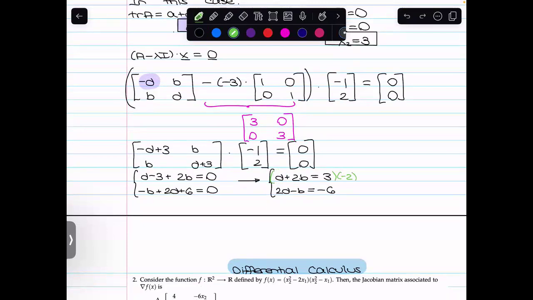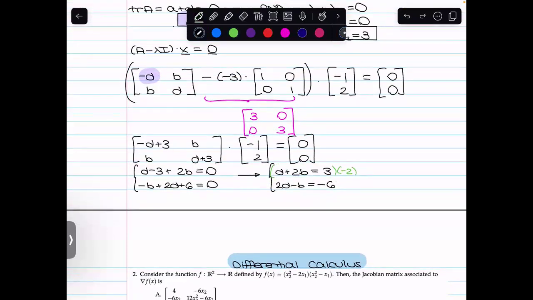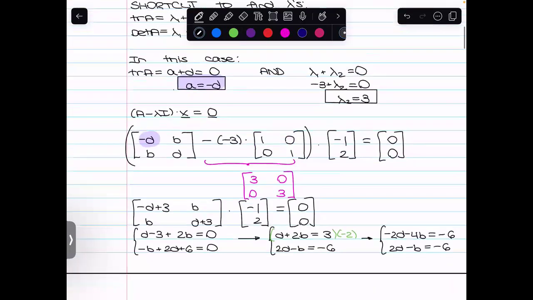And then if I add that equation to the one below, the d part is going to cancel. So I think that's going to be a little bit simpler. So this will become -2d - 4b, 6. This one I'm just going to leave. And then if we add them together, I'll just add a page here.